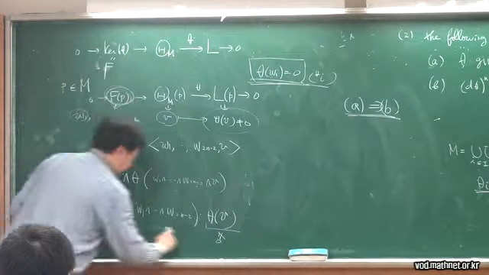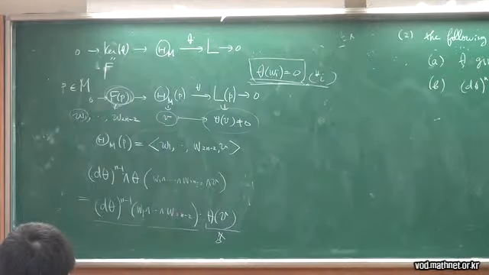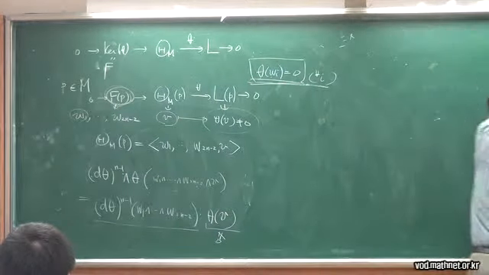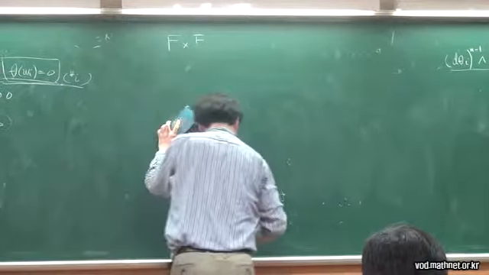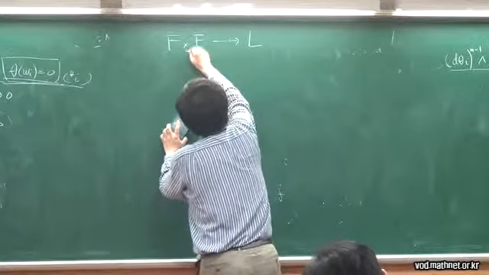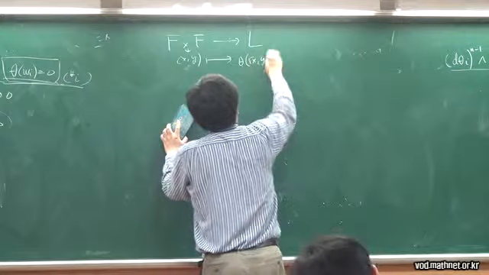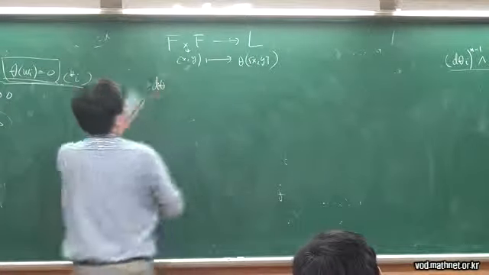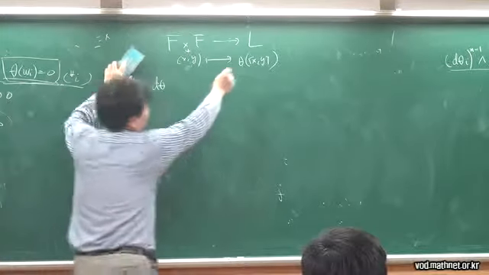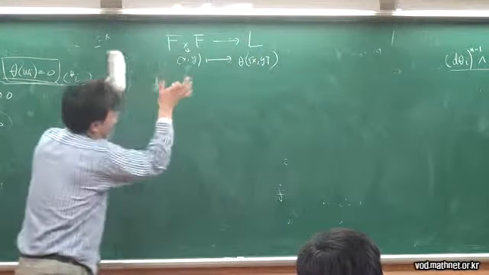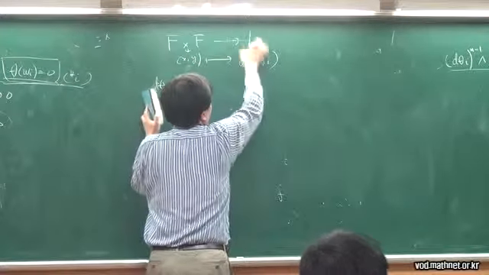But what is this? Here the contact structure comes. The condition of the contact structure is this: f times f to L, given by xy to theta xy. Let us consider this as the local condition. Take some small open neighborhood and restrict it, and this can be regarded as a trivial one.